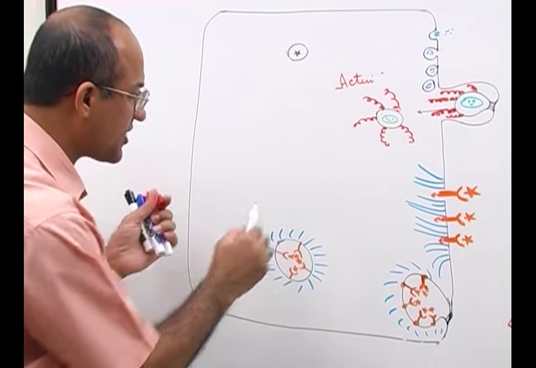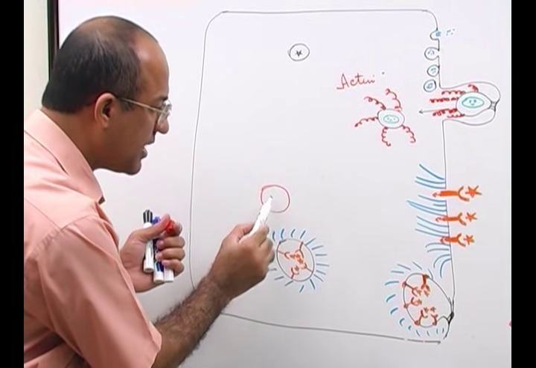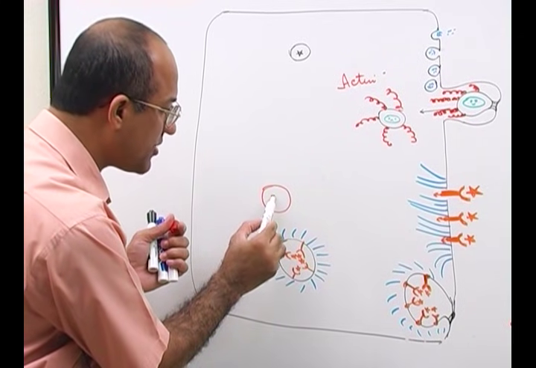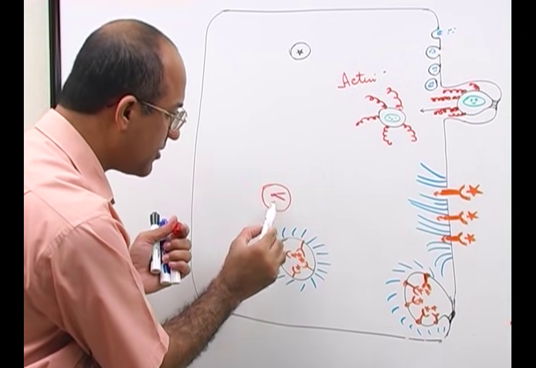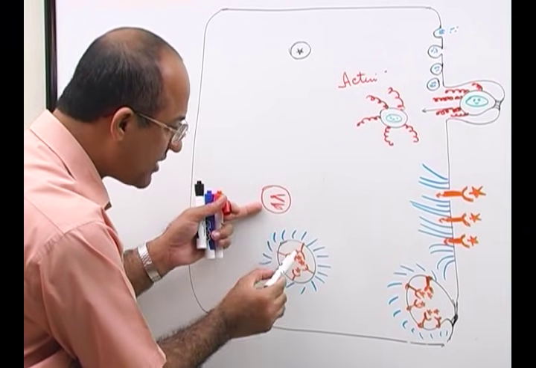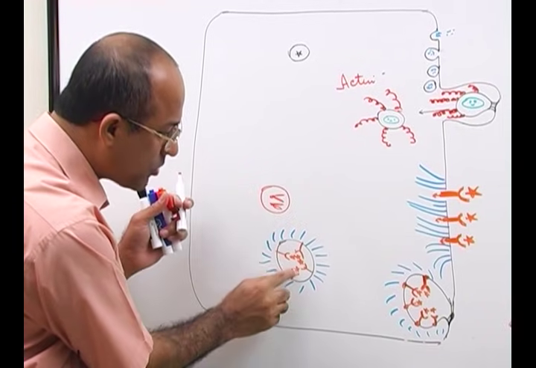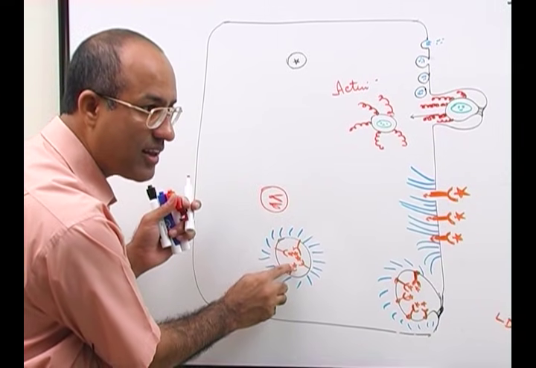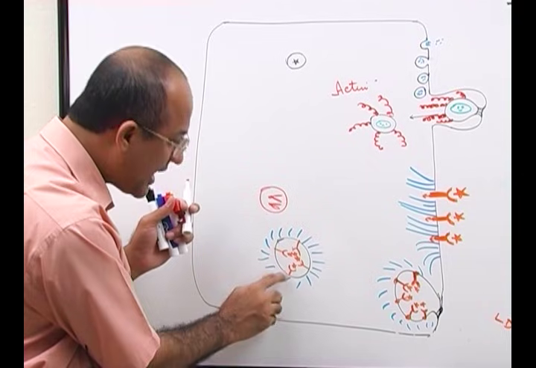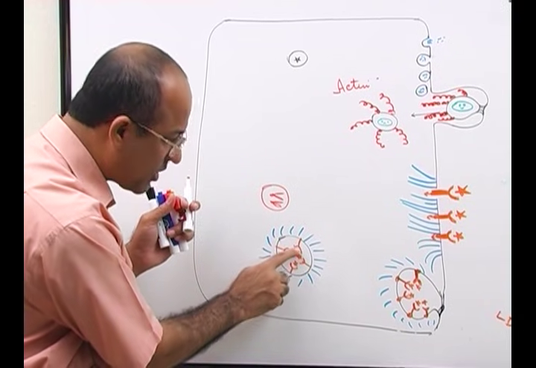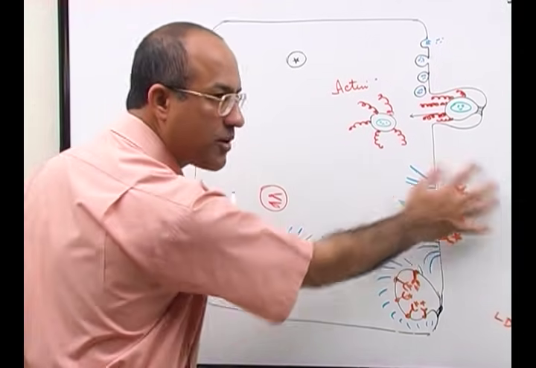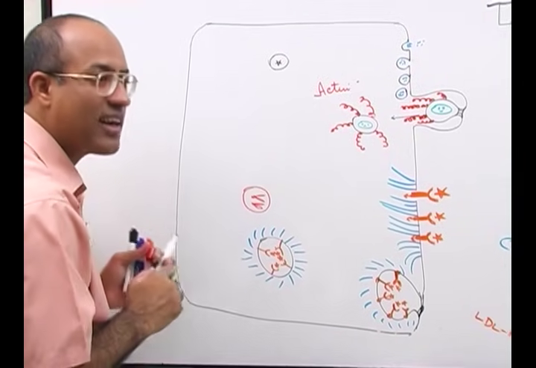There are some other vesicles which are loaded with enzyme. These enzyme loaded vesicles, these enzymes are having special cutters. This vesicle and that vesicle will fuse together, and these enzymes will remove the LDL and remove the cholesterol. And what about these receptors? They will go back to bring more LDL in.